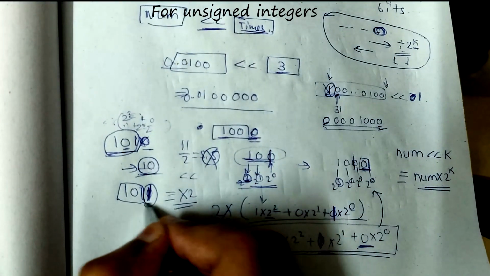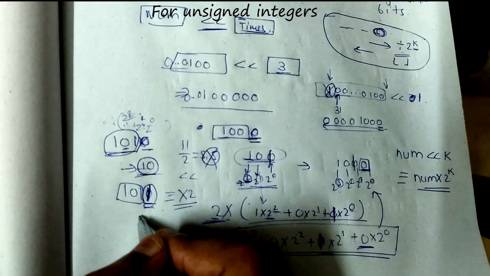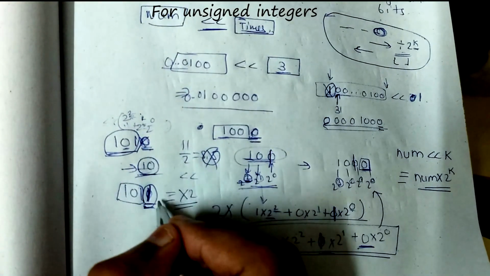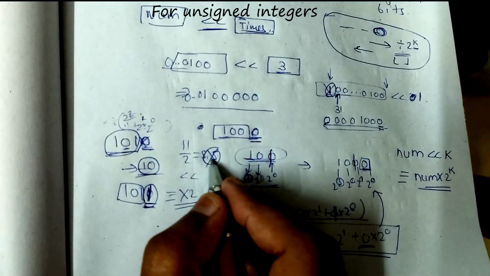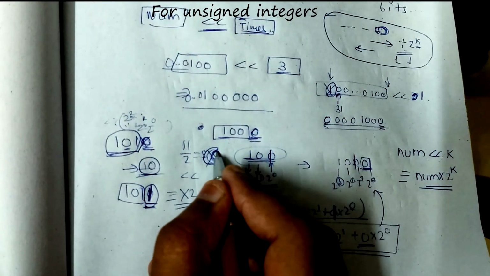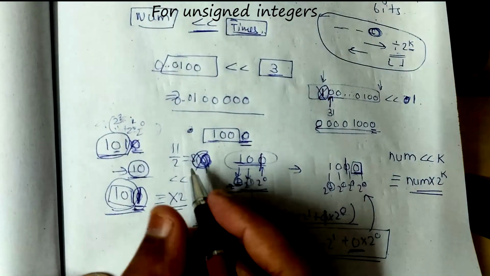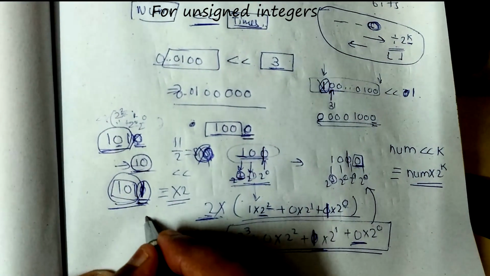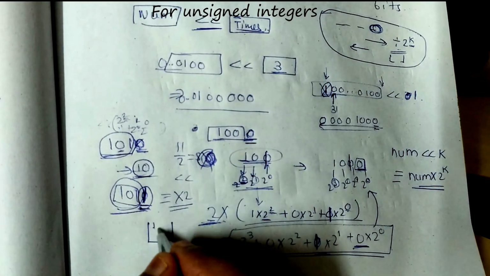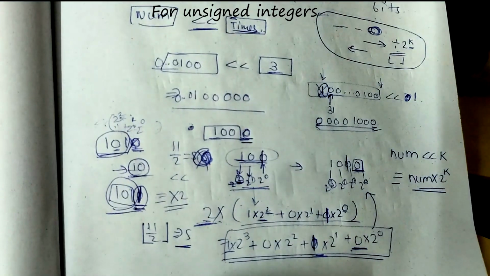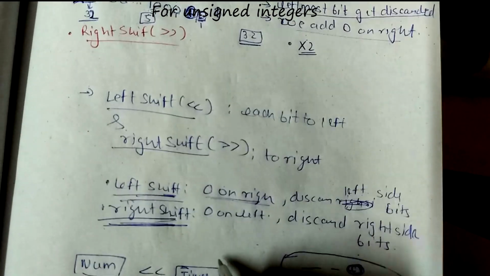Why? Because we discarded a 1 here. Here we were discarding 0, here we discarded a 1, so we discard the 0.5 also, and we are left with this. So for odd numbers, we can take the floor value. I hope this concept is clear.